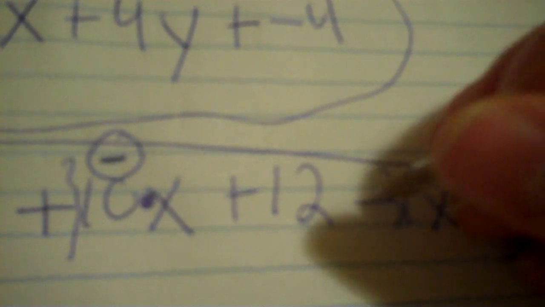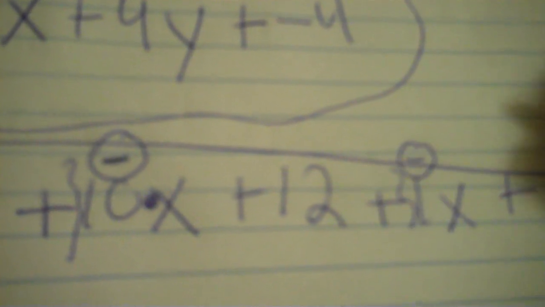Plus 12 minus 1 again, so plus negative. And x and 6 is plus, 6 and y is times. Okay. So find a letter. Let's pick x. So we have negative 10 times x and negative 1 times x. I'm allowed to add the negative 10 to the negative 1. So it's negative 11.